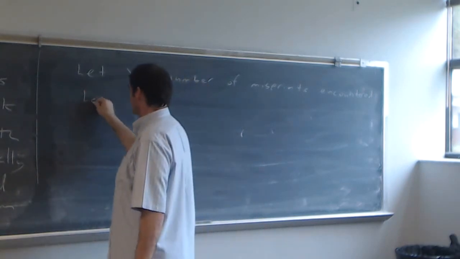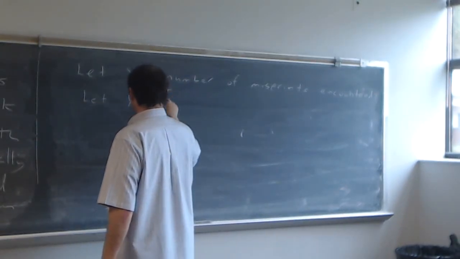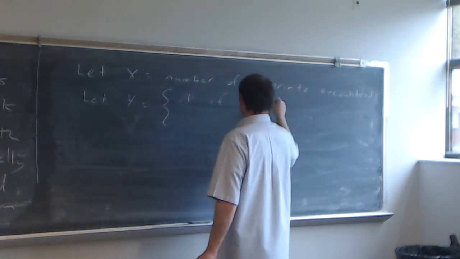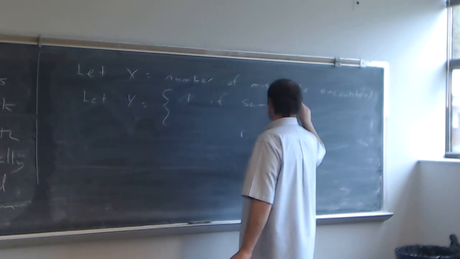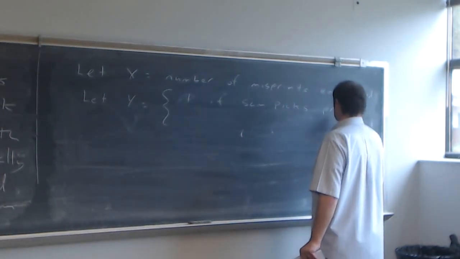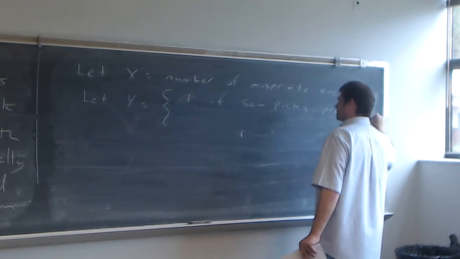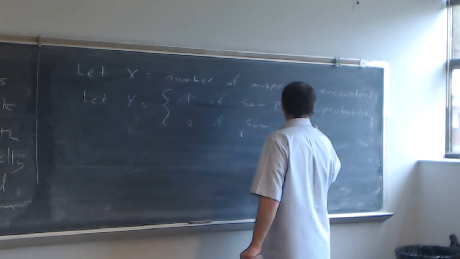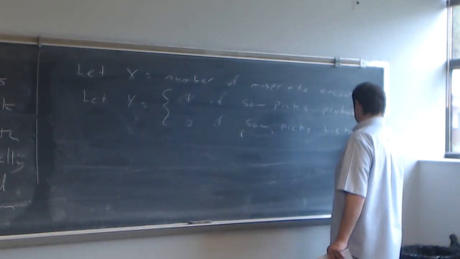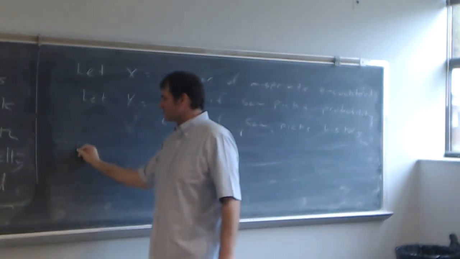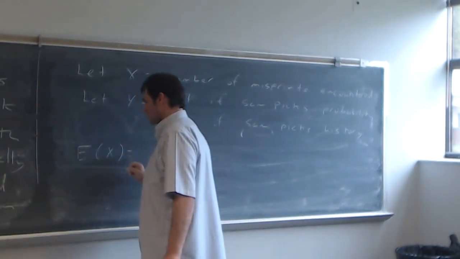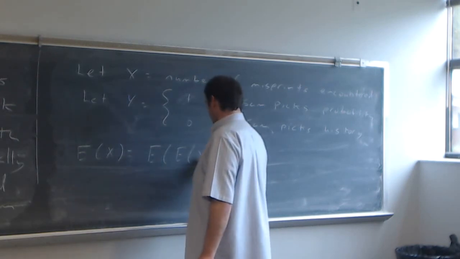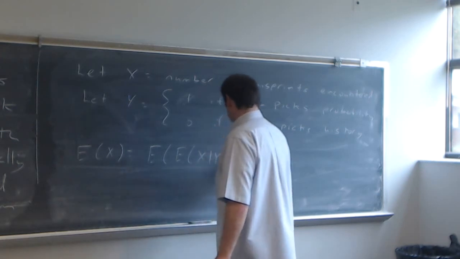Let's let y equal 1 if Sam picks the probability book, 0 if Sam picks the history book. And so the expected value of x is what we're interested in. But that's really the expected value of x given y. That's the same thing.